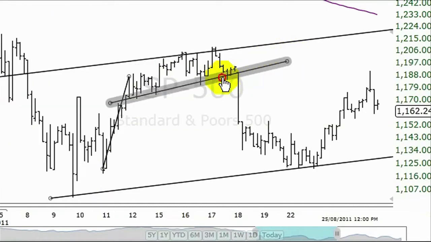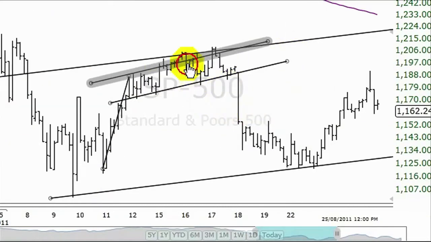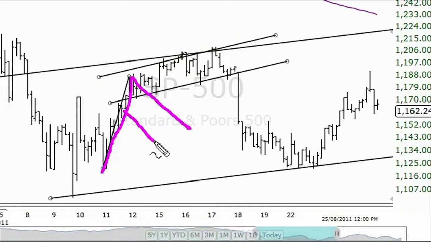Can you see how that's done through there? And if I create a parallel trend line and put it up through there, we can see how it's also created a bit of a channel to the high side. So what's actually happened? It's gone up through here, and instead of going down through here to give you continuation, it's gone up and it's slowly stepped back up. That there is a bullish reversal flag.